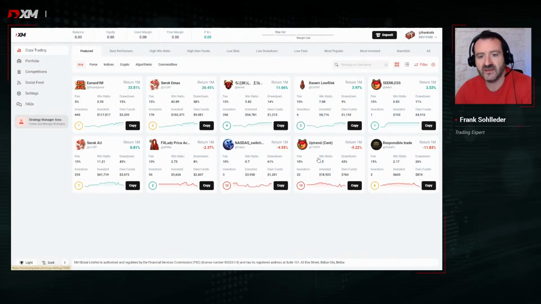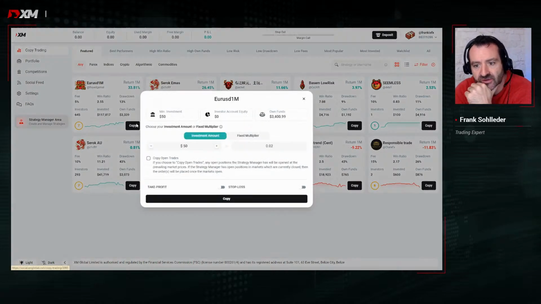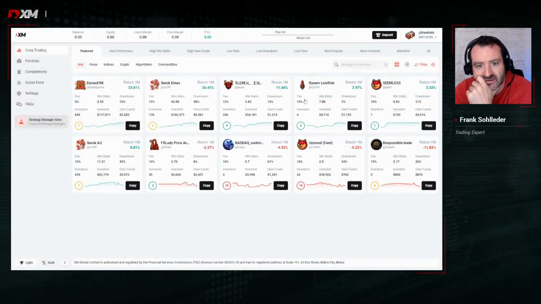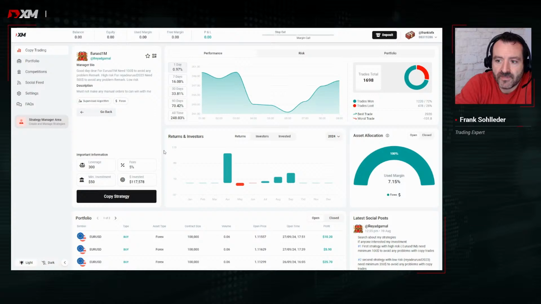And then we get, for example, one I'm finding quite interesting as well. This trading strategy, 33% in 1 month, only 13% drawdown. And the equity looks relatively good at first sight. But let's have a closer look into this one. Maybe this is the one we would like to go with. So $50 minimum investment.